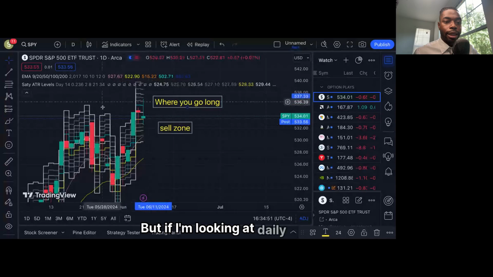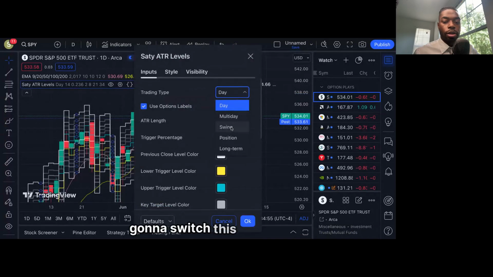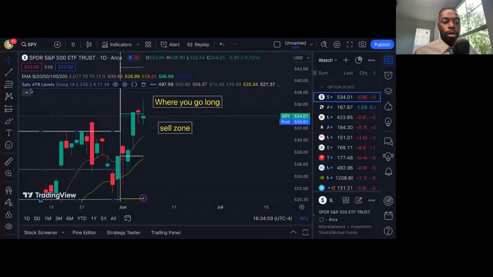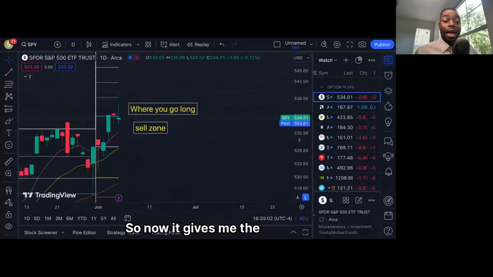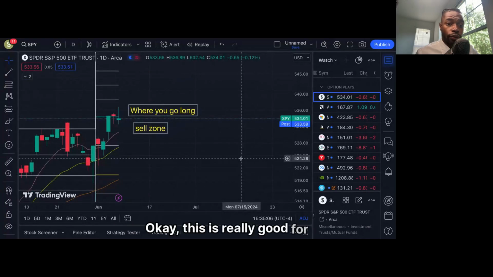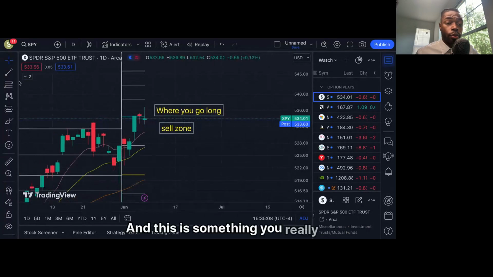But if I'm looking at daily bars, daily candles, then I'm going to switch this to the swing setting. Now it gives me the average move for the month. This is really good for swing trading, and this is something you really need to pay attention to.